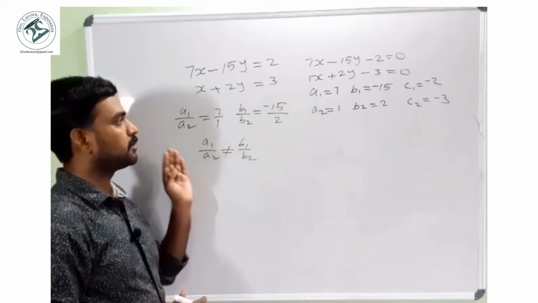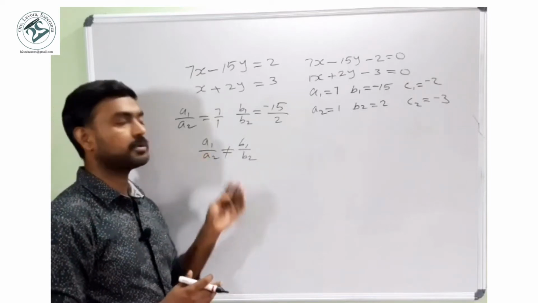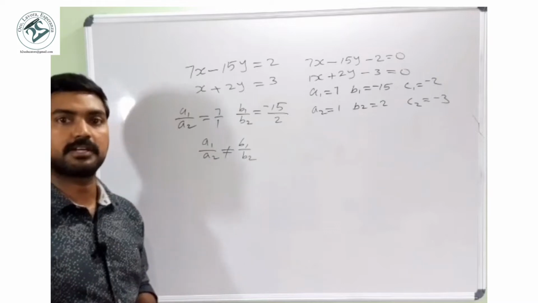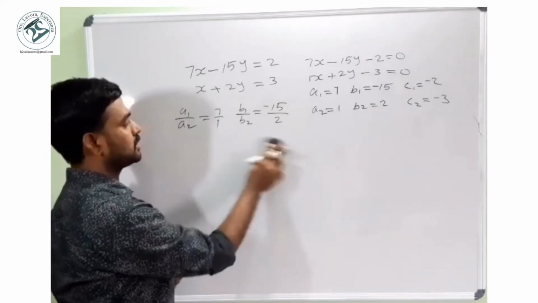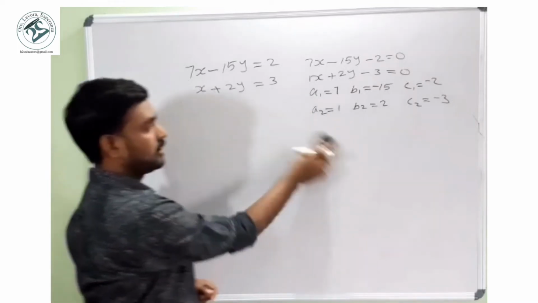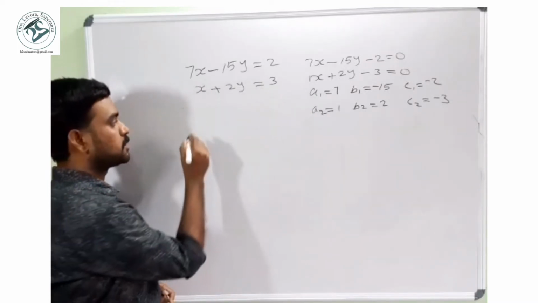So first, when you get the question, you have to check a1 by a2 and b1 by b2. Then you can confirm there is a solution or not. So here not equal means there is a solution. Now we can find the solution. Which method we are going to study? Substitution method.